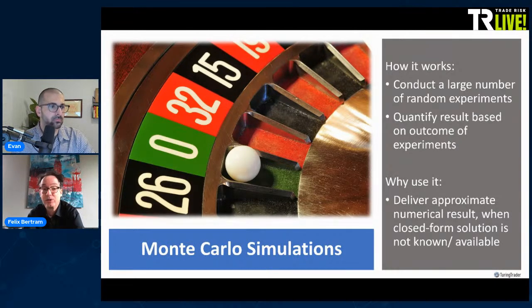So I'm going to jump in here and I don't want to disrupt too much or get too into the weeds, and you might be talking about this soon, but as you mentioned, there are lots of different charting platforms or backtesting engines or simulation engines that have Monte Carlo simulations built into their application.